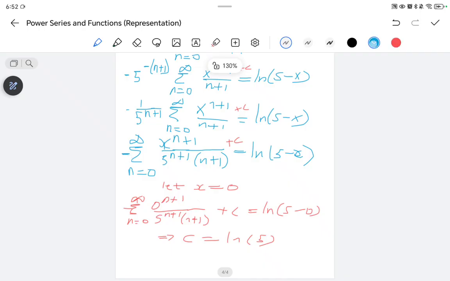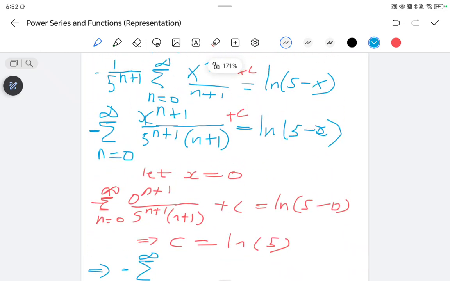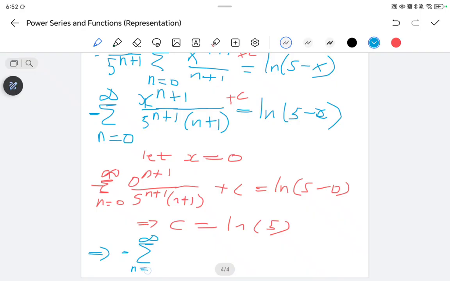So this will imply that minus the summation, n equals 0 to infinity, of x to the n plus 1 all over 5 to the n plus 1 times n plus 1, plus ln 5 is equal to ln of 5 minus x. We agree there right now. So now this would be our power series representation.